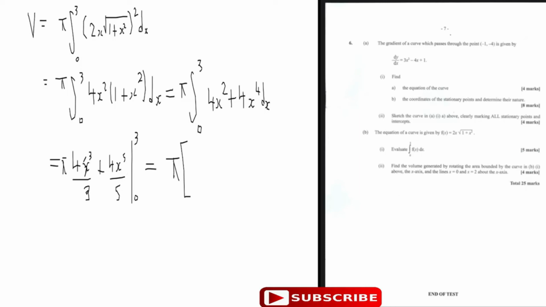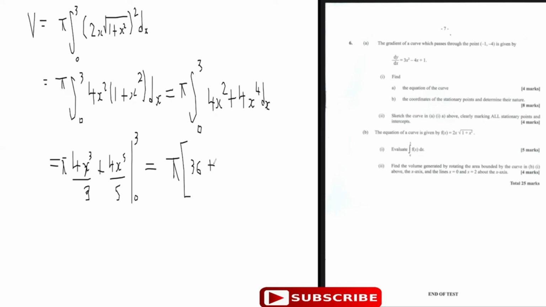So plug in 3 now. We're going to have 4 times 3 cubed divided by 3, that's 36, plus 4 times 3 to the 5th power divided by 5.